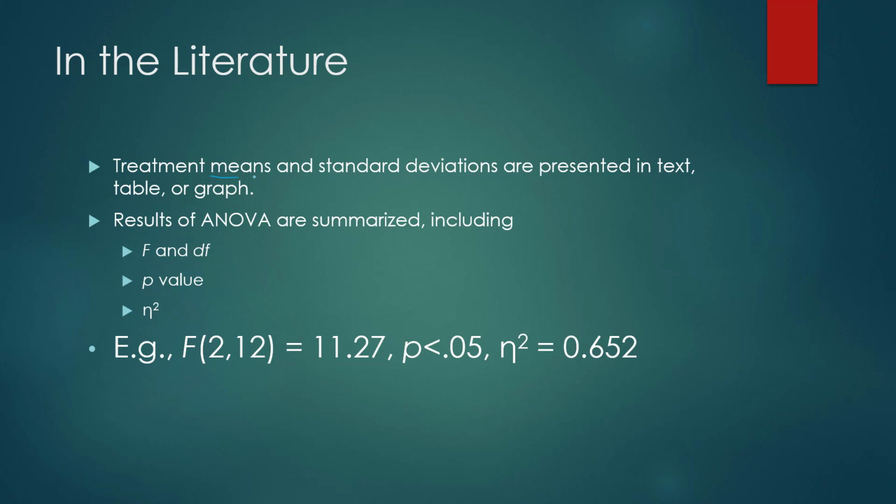So in the literature, means and standard deviations are presented in the text. The results of ANOVA are going to be summarized, including your F and your degrees of freedom, your p and your eta squared, in this format.